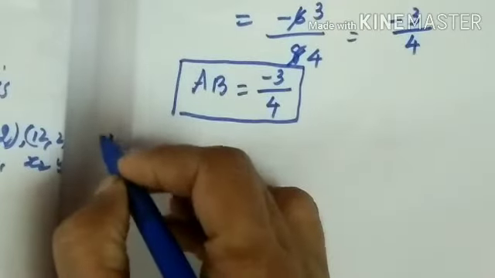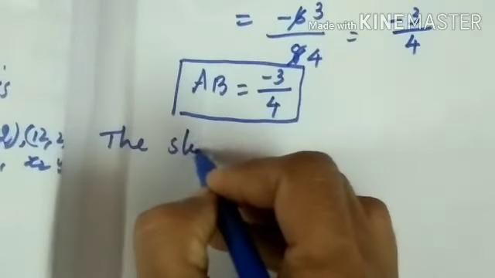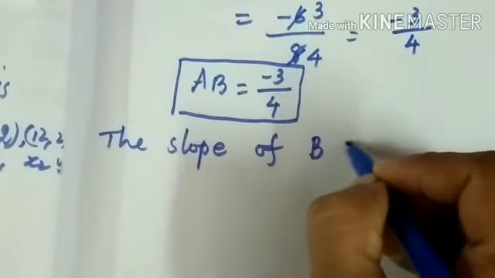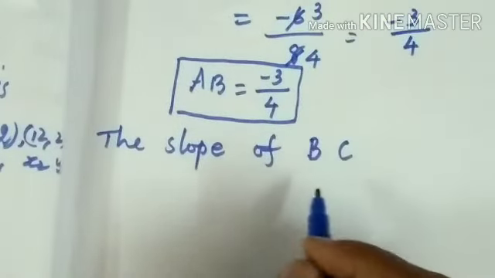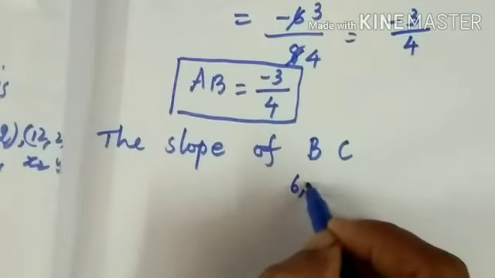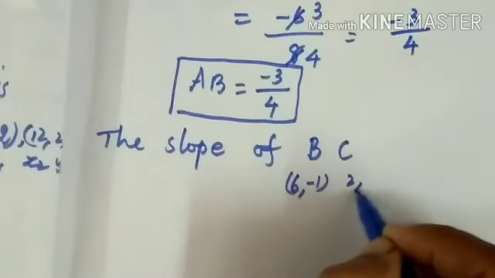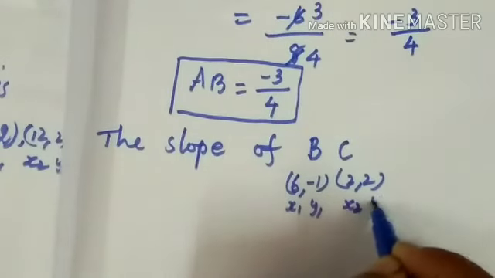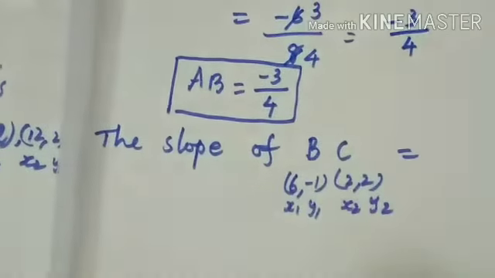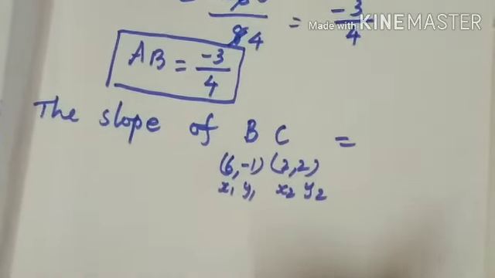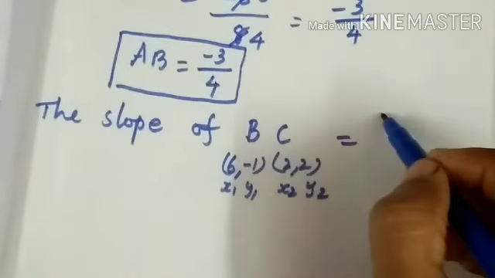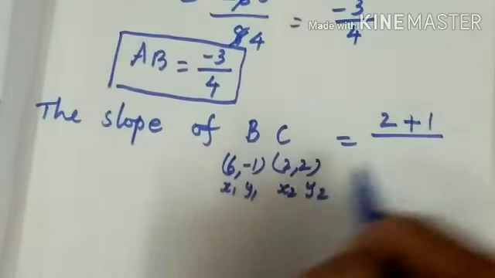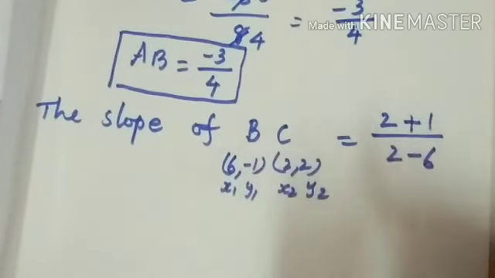Next, we have to find the slope of BC. Let us take the given points and write 6 comma minus 1, 2 comma 2, x1, y1, x2, y2. That is, you apply these points in the formula y2 minus y1, 2 minus into minus plus 1 by x2 minus x1, 2 minus 6.